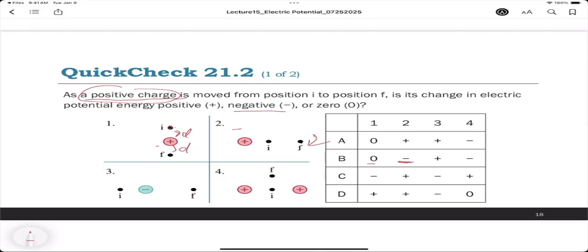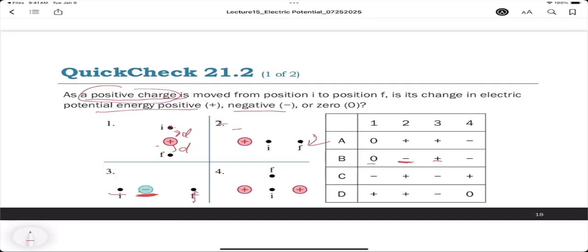And let's check the third one. If you move a positive charge from I to F, you are moving away from a negative source, which means the potential energy should be positive. So this one. And for the fourth one, it is a similar thing.